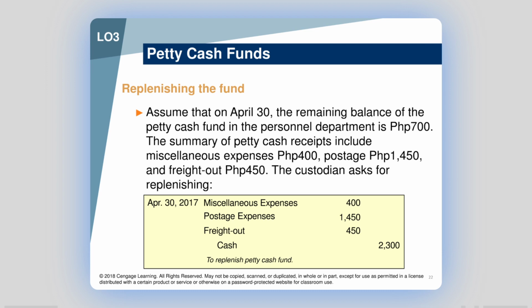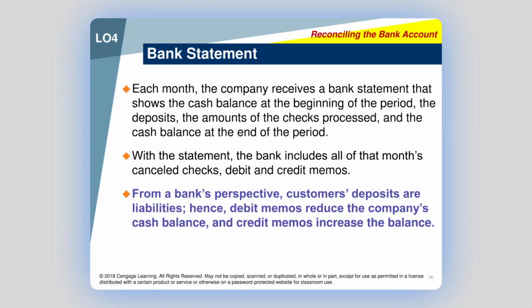Next topic is all about your bank statement. What is a bank statement? In your FAR and basic accounting, the bank statement is very important because the bank balance is always not the same as your book balance.